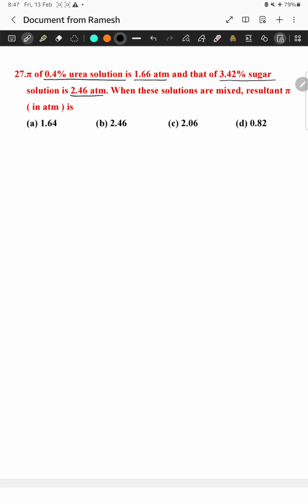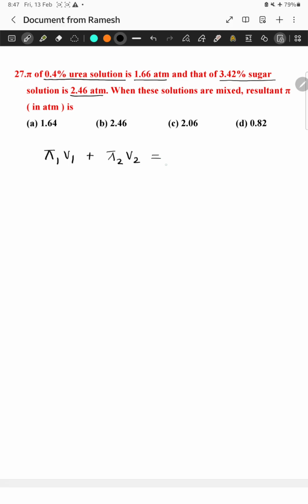So when these solutions are mixed, what is the resultant osmotic pressure? Resultant pi. So remember, whenever two solutions having different osmotic pressures are mixed, you can use this formula. That is for solution 1, osmotic pressure pi 1 V1, plus for solution 2, osmotic pressure pi 2 and its volume is V2.